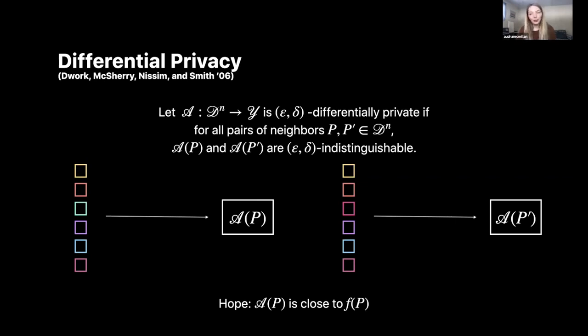The reason this is possible is that typically we care about population-level statistics. We don't really care about the specific data set itself; we care about the population it came from. And if you care about population-level statistics, then no single individual should change your statistic that much. So we can often design differentially private algorithms that emulate the thing we're trying to compute really well.